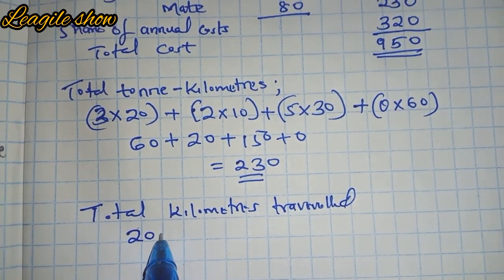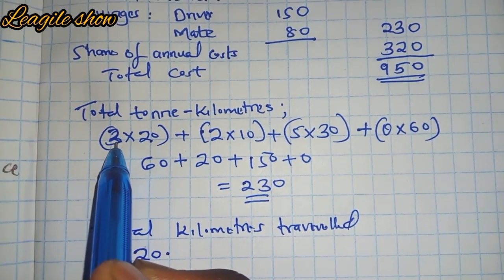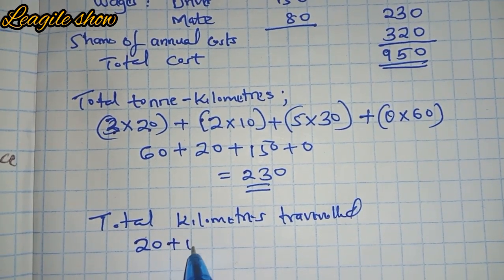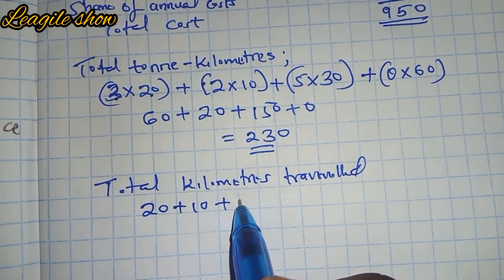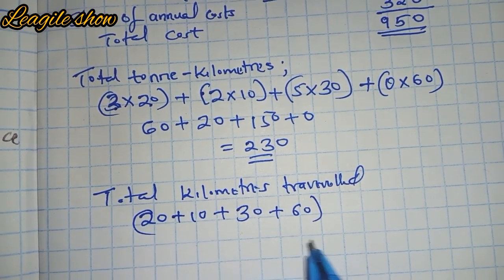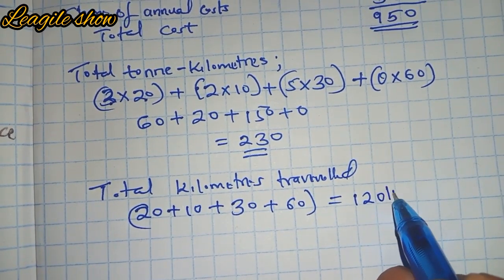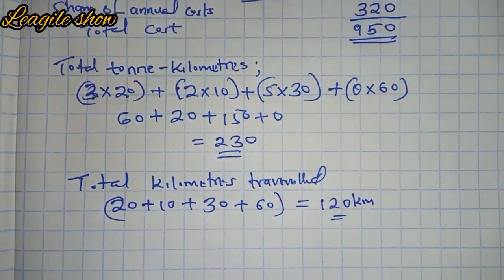Remember it went for 20, the first distance when delivering the 3 tons, then plus 10 plus 30 plus the return journey, which was 60. That means the total kilometers traveled here was 120 kilometers.